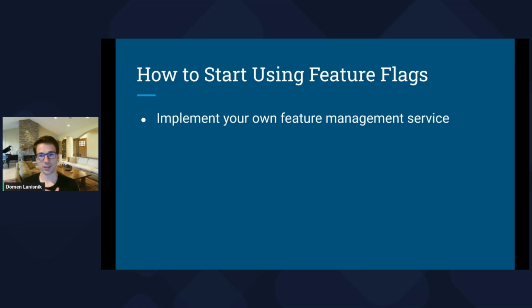This means that you have a service that runs on your own servers and that provides clients with feature flag values. The drawback here is the engineering effort required to implement all of this from scratch and also to maintain it. It's probably also not clear from the beginning what you are going to need when you start using feature flags for the first time.